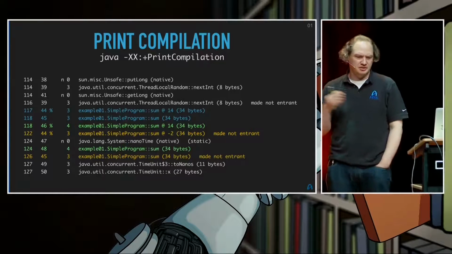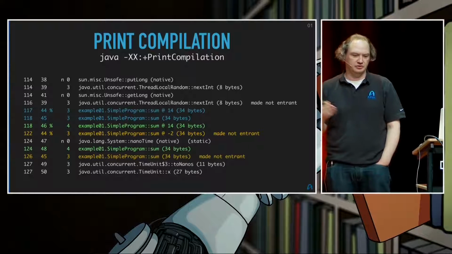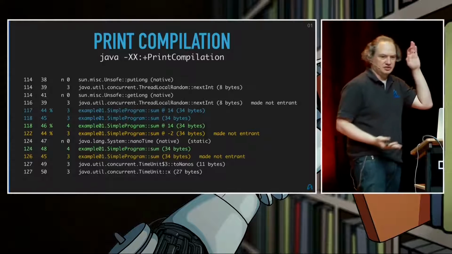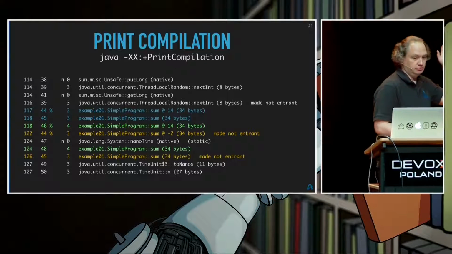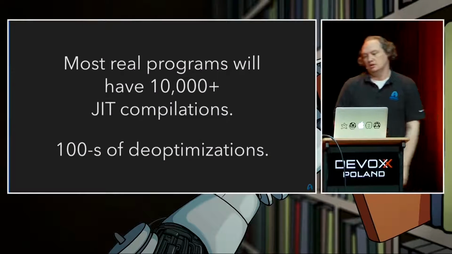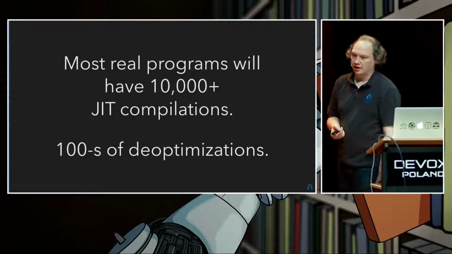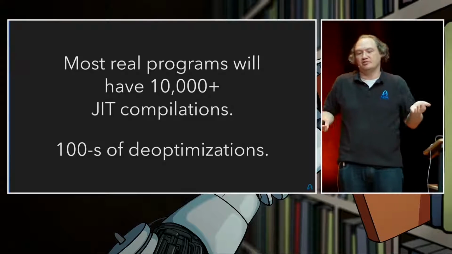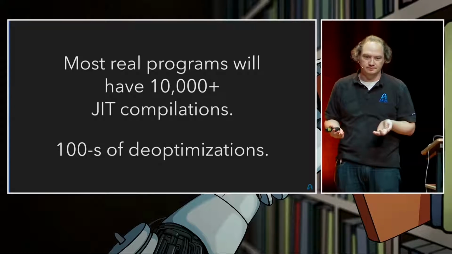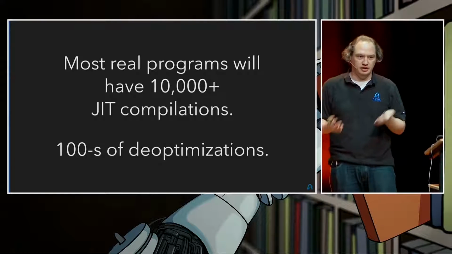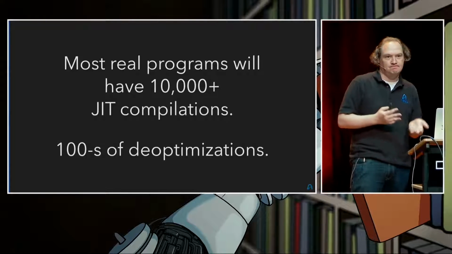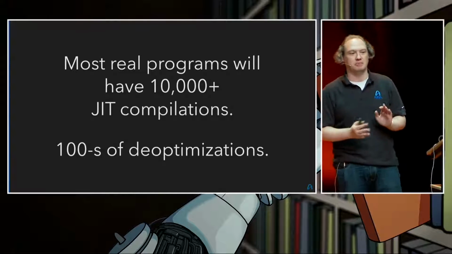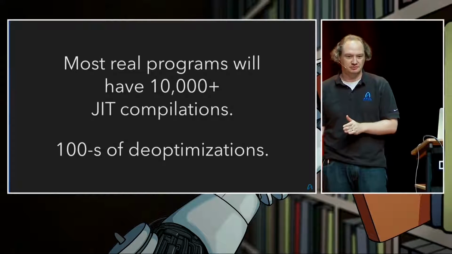But it's a little hard to see all of this relative to our performance, and these logs get large, really, really large. Most real programs will have at least a few thousand JIT compilations. And of those, maybe 10 to 50 will actually matter to the performance of your application.